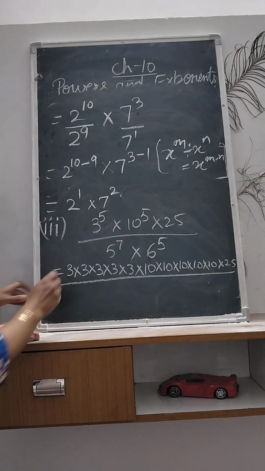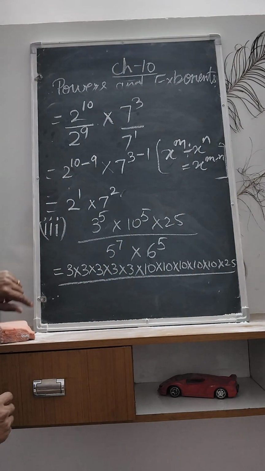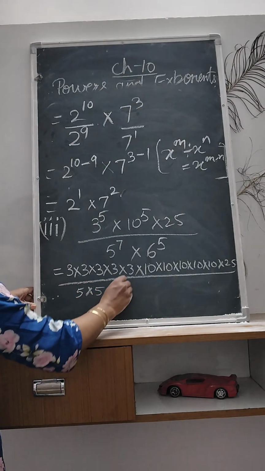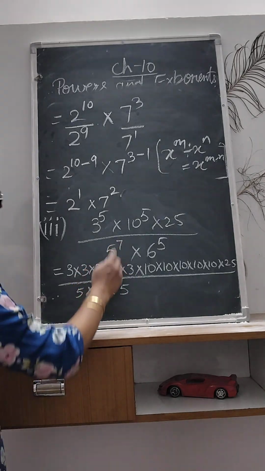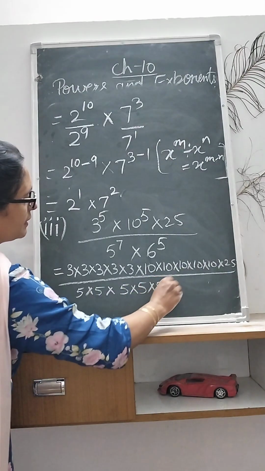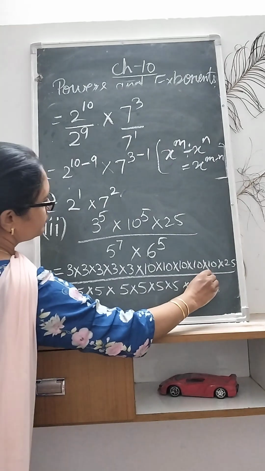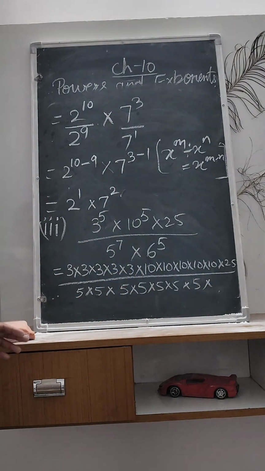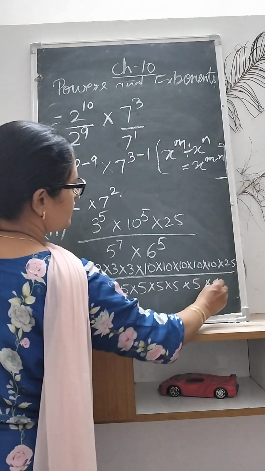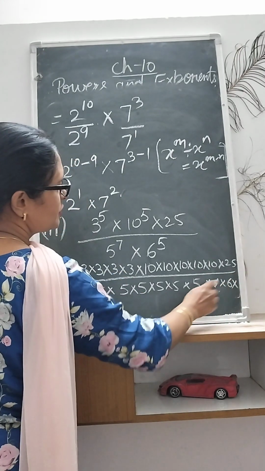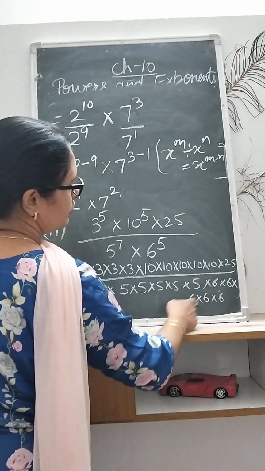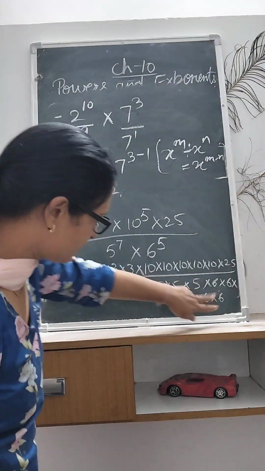Upon, now 5 raised to power 7 means 5 into 5, 2 times I have neglected, so let us write 5 7 times: 1, 2, 3, 4, 5, 6 and 7. Now 6 raised to power 5, I am keeping 6 5 times. As I was not having the space, I have written over here.